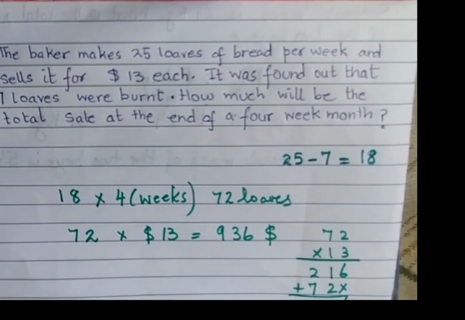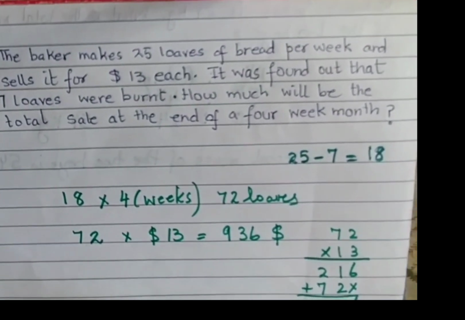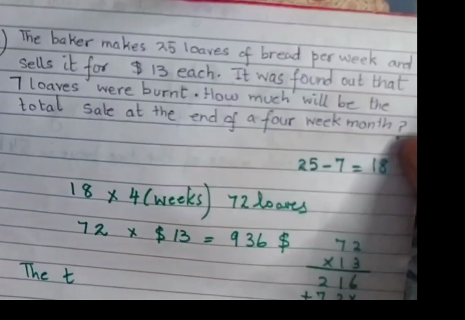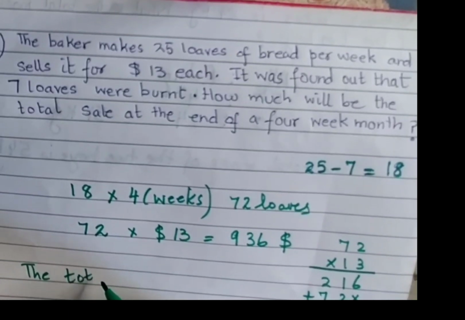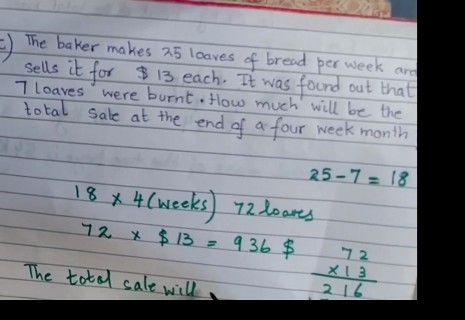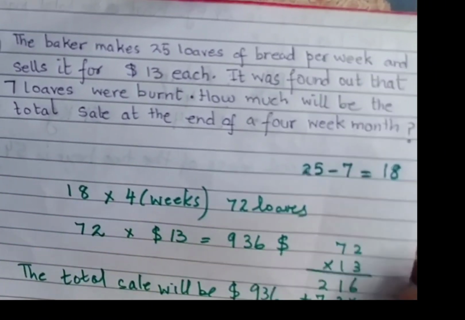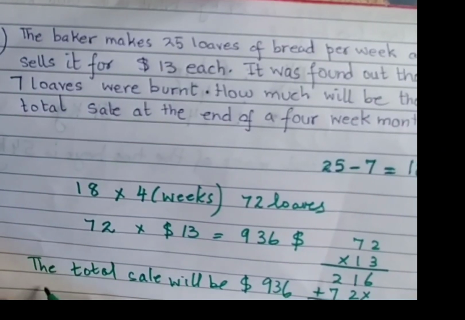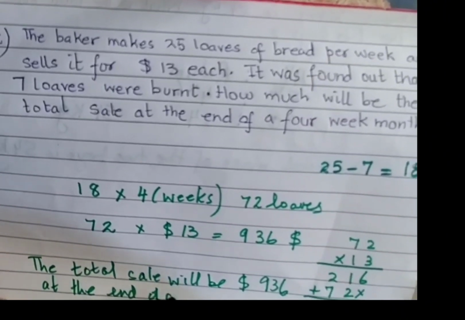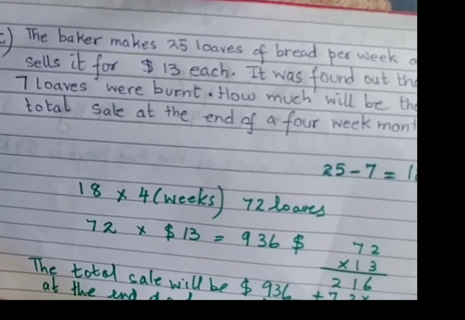How do you write the answer statement? How much will be the total sale at the end of a 4-week month? The total sale will be $936 at the end of a 4-week month.